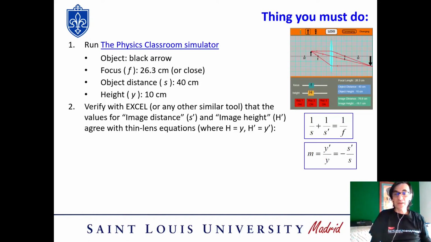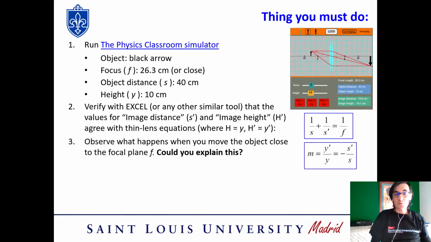Theoretical will be the ones you calculate, experimental would be the simulated ones, as usual, okay? And you want to also observe what happens when you move the object close to the focal plane, as we saw in the simulator, okay? And you want to try to explain why you get this behavior on the image, okay?